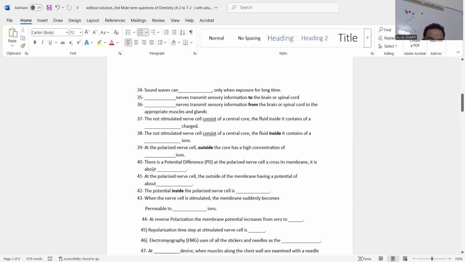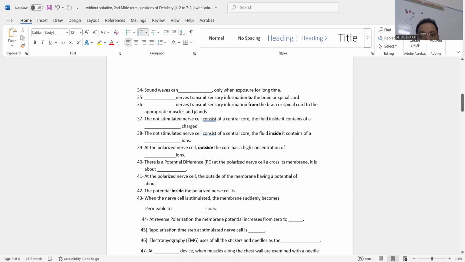About what? The polarized nerve cell, the outside of the membrane, has a potential of about, I need the number. I want the number here. The potential inside the polarized nerve cell is what? When the nerve cell is stimulated, the membrane suddenly becomes permeable to what?